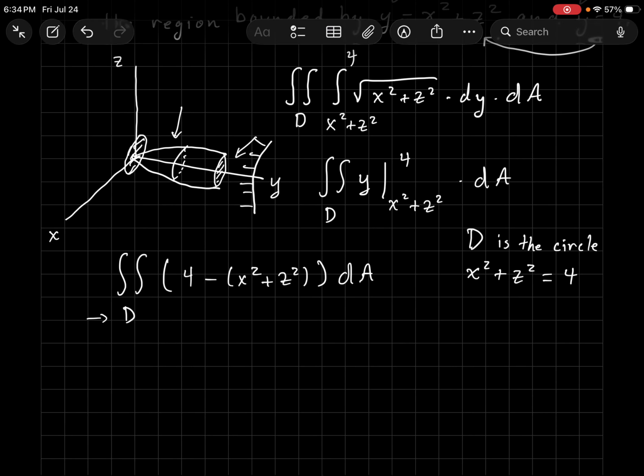But let's do something else instead. Because I already know that when I'm doing something circular, if I want to integrate over a circular region, I want to change this to polars. So I know I'm going to go from 0 to 2, that's my radius, from 0 out to 2. And then my angle is everything, all the way around the circle. So my theta will be 0 to 2 pi.